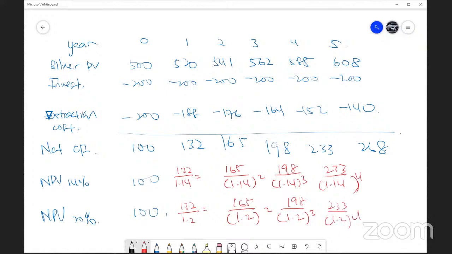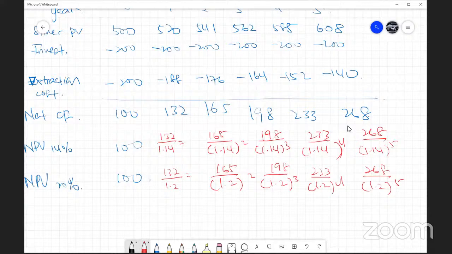And lastly, 268 divided by 1.14, power of 5, and 268 divided by 1.2, power of 5. So all this will give you a figure.